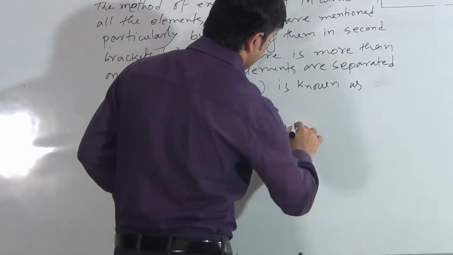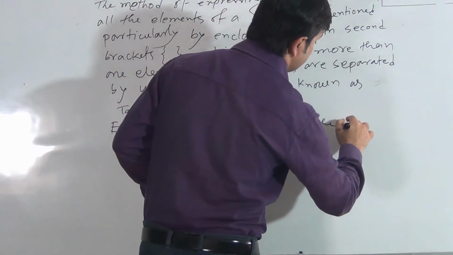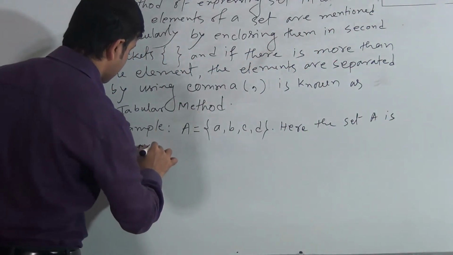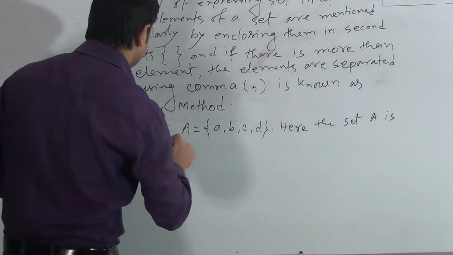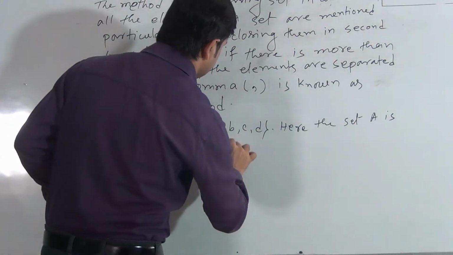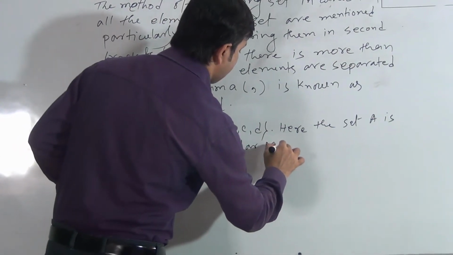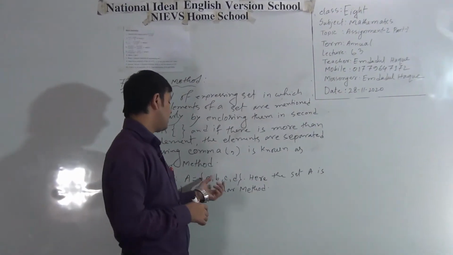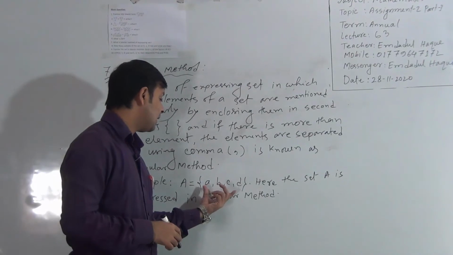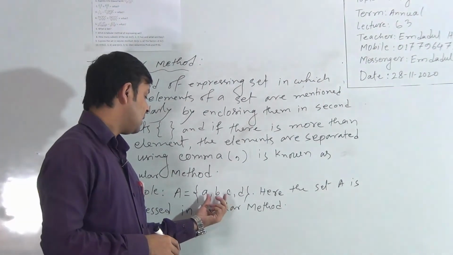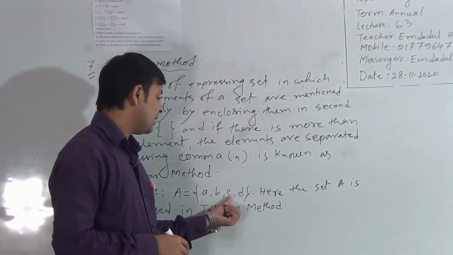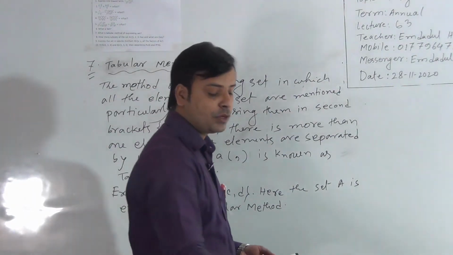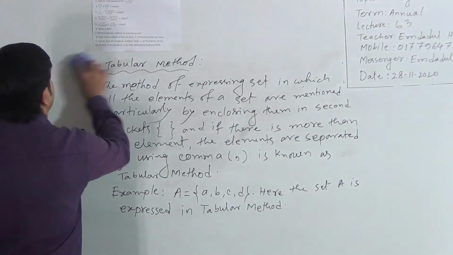Here the set A is expressed in tabular method, as particular elements are used here, and after each element a comma is given, and these elements are enclosed by second brackets. So this is known as tabular method. Okay, dear students, I hope you have understood question 7.